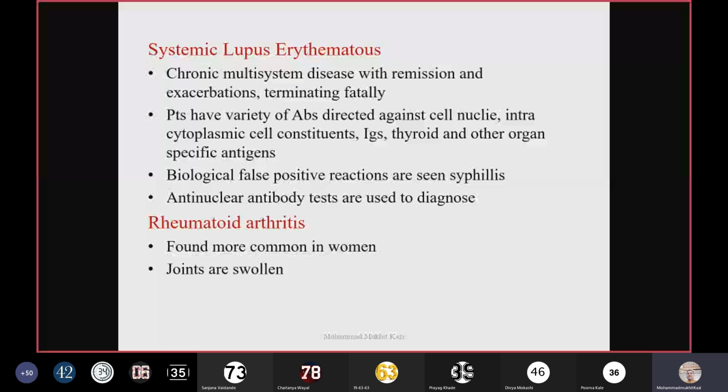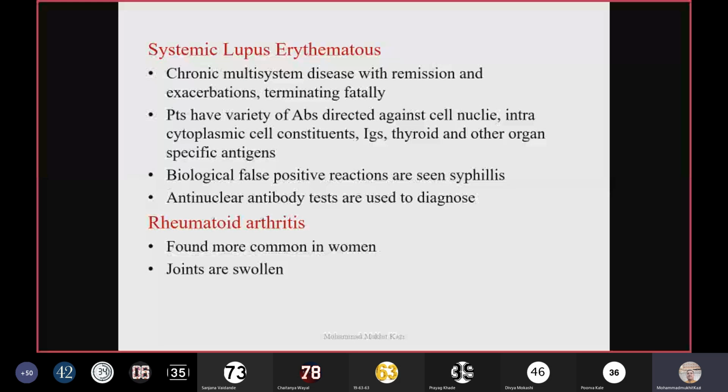Now coming to systemic lupus erythematosus, this is a chronic multisystem disease with remissions and exacerbations, and later on it could become fatal. The patient may die, and as I have already told you, it is more commonly seen in females than males. Why?